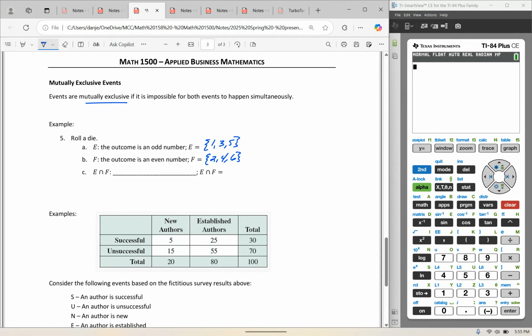Those outcomes, even and odd, are mutually exclusive. The intersection would be the list of numbers that are both odd and even. So the intersection of E and F would be empty. And again, as in our previous video, we could either list the empty set with a set with nothing in it, or we could use the empty set notation. We can't use both. It's one or the other.